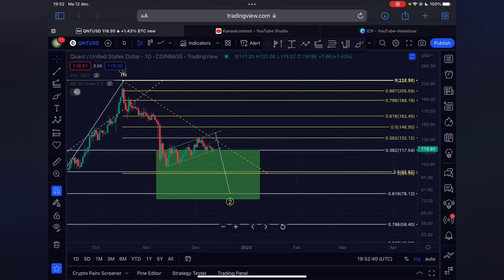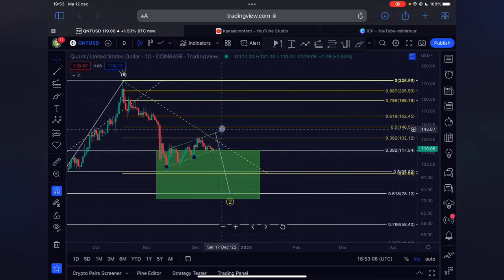I'm not saying it's going to happen definitely, but you should definitely be prepared for a break to the downside because it's just very realistic. Once Quant breaks below, I would say $109, I can confirm to you guys that most likely we will see the breakdown towards areas around $78. As long as we are staying above $109, I think we still have a chance of a break towards the upside.